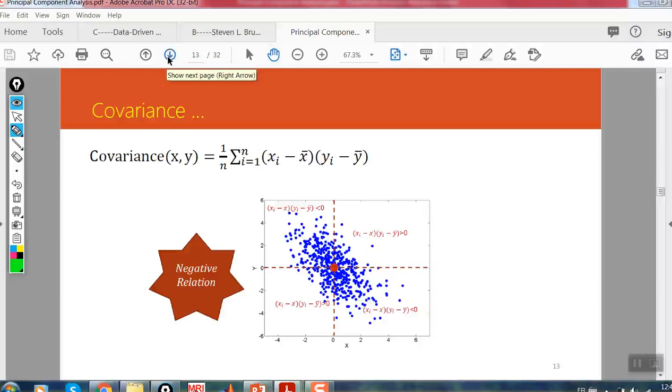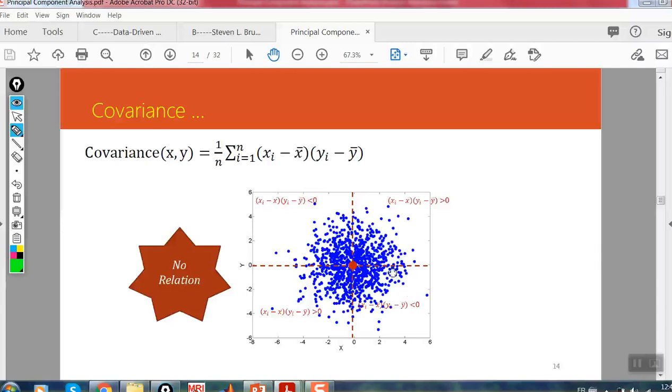Okay, and for data with this distribution, the amount of positive values is the same as the amount of negative values.